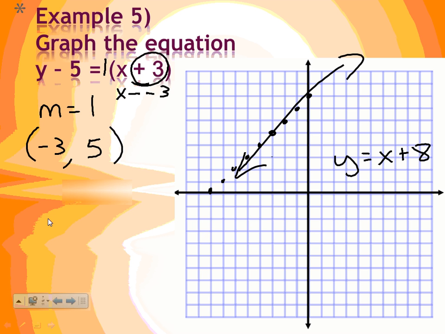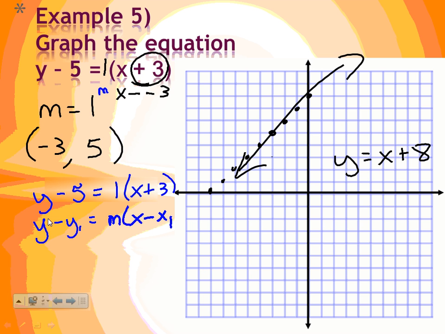Because the formula says, if you have y minus 5 equals 1 times quantity x plus 3. The formula says y minus y sub 1 equals m times quantity x minus x sub 1. Well, here's the thing. This is part of the formula, right? So that means the y is positive because the negative belongs to the formula.